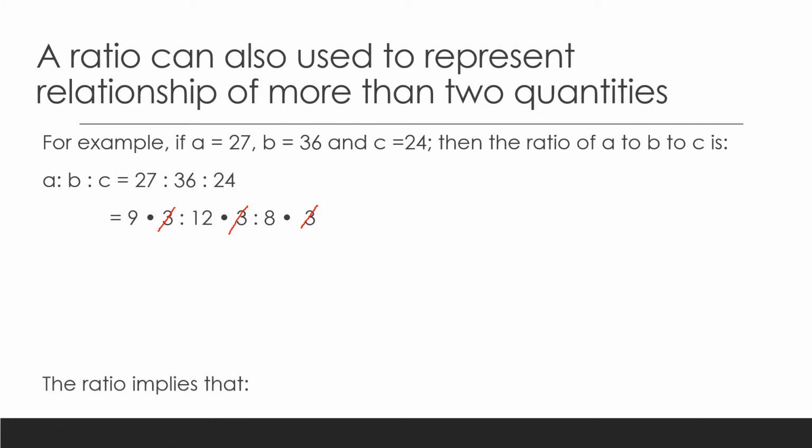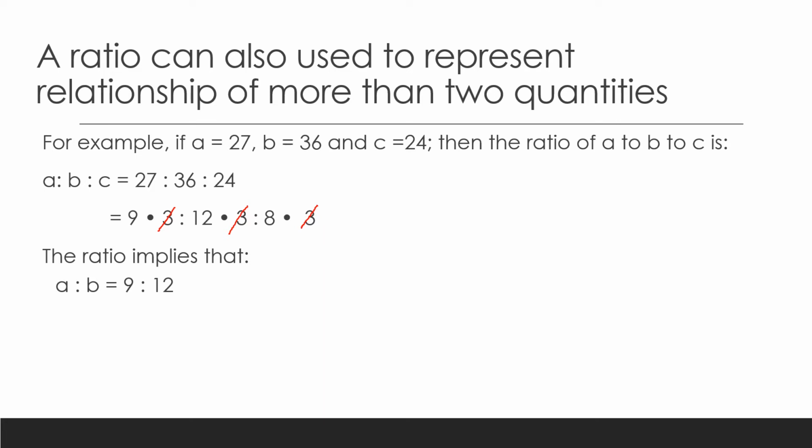So by doing that, the ratio implies that A is to B is equal to 9 is to 12. B is to C is equal to 12 is to 8. And A is to C is equal to 9 is to 8. Tama, right? Okay.